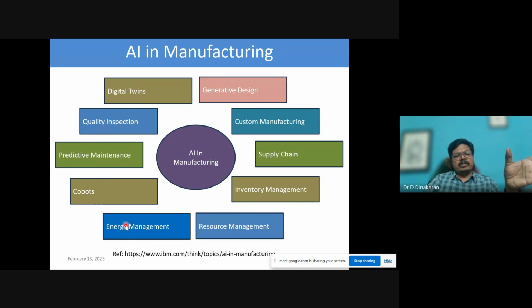Then the energy management. I hope energy management is covered in the lecture. For example, if you would like to completely automate the lighting system in the factory, the illumination level in each and every place is measured with the help of sensors.